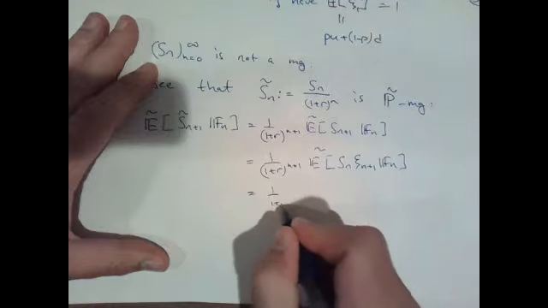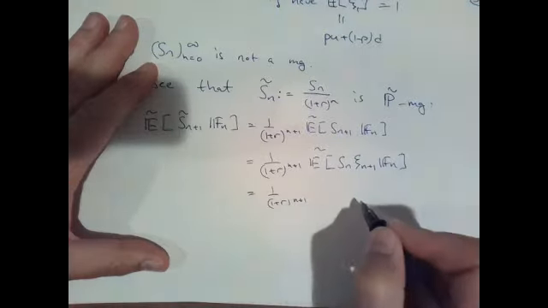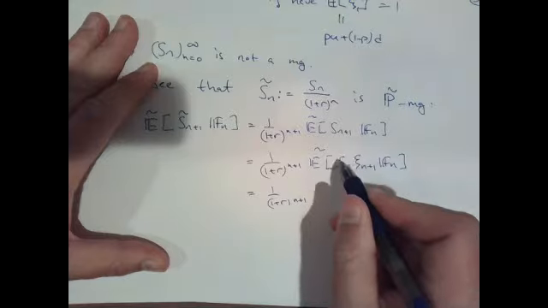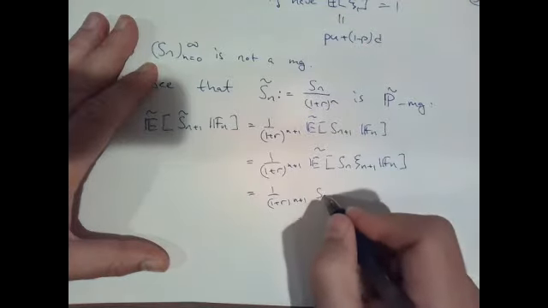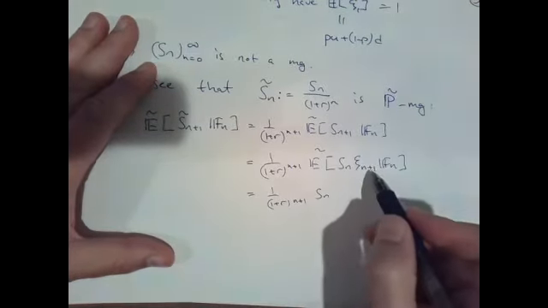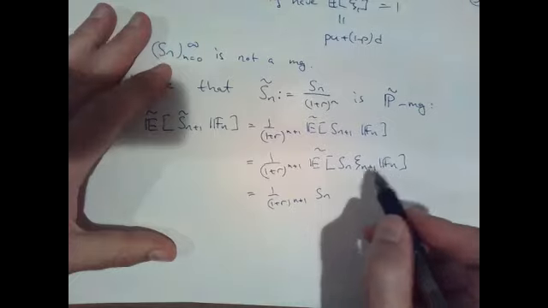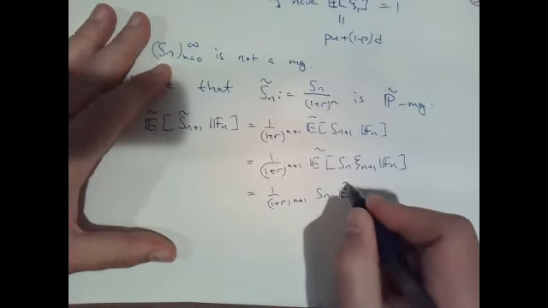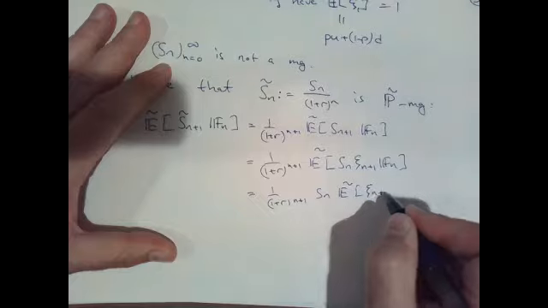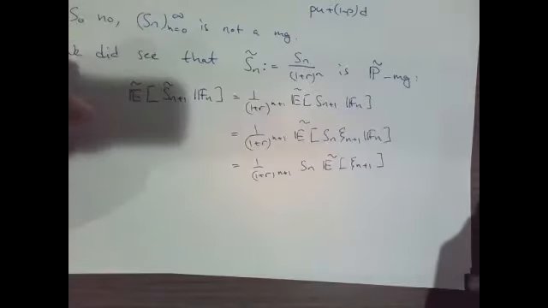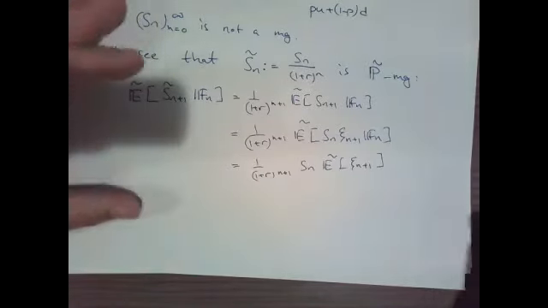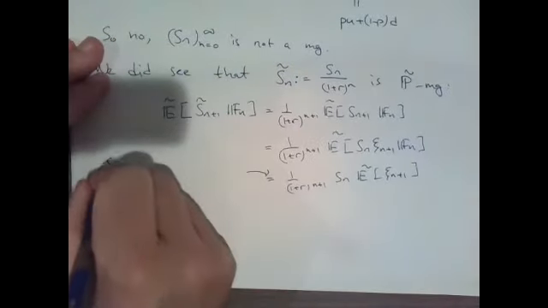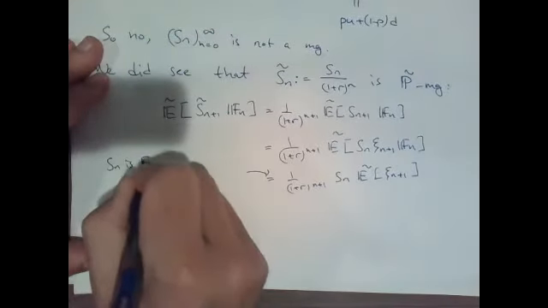Then you pull out what is measurable, so it can go outside. What's left is independent of Fn, so you just get the unconditional expectation. So here we use two properties. For this one we use that Sn is Fn measurable.